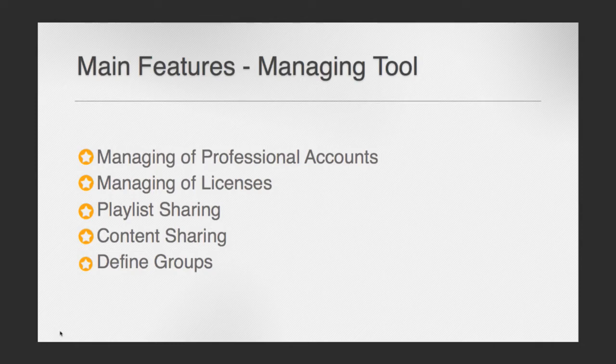The enterprise partner is able to share playlists and content with the client's accounts, and also the client's accounts can be sorted into groups. So for example, if you have more than one business, like a case with restaurants and a case with hotels, then you can share content or playlists with a group of hotels, for example.